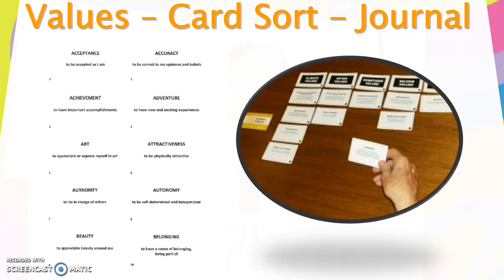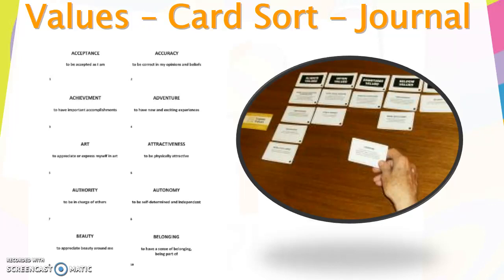For example, if my value is creativity and it's something that's very important to me, then I'll place creativity under the most important section or the card. Do this until you have placed all 100 cards. When you're done, you should make note of your top 8 most important values.